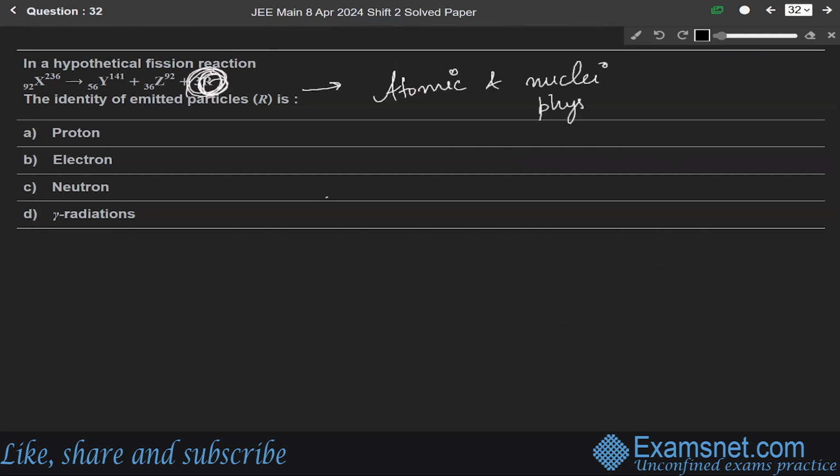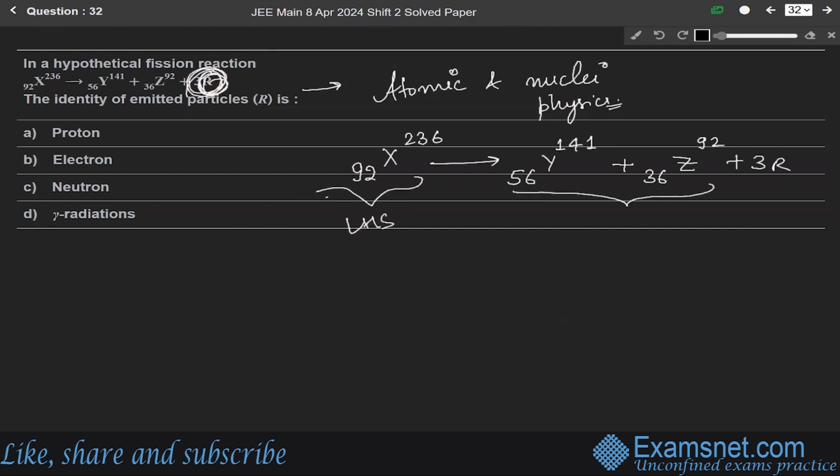So the reaction is like this: 92X236 is converting into 56Y141 plus 36Z92 plus 3R.